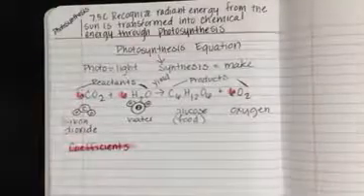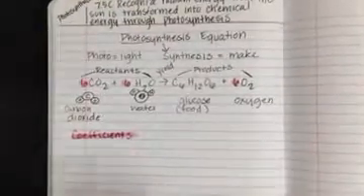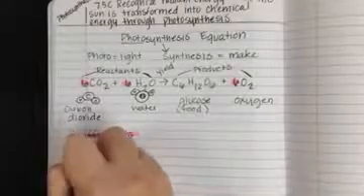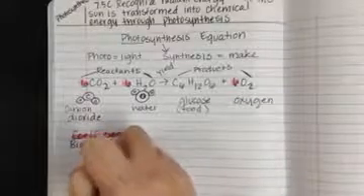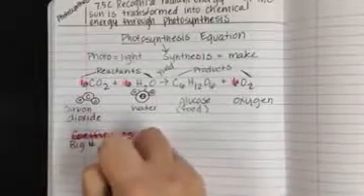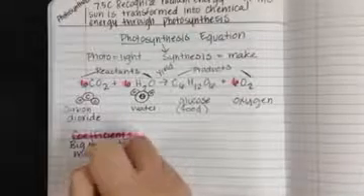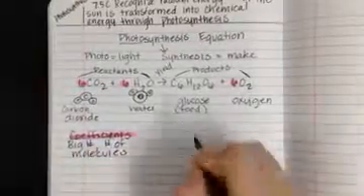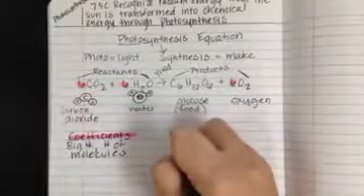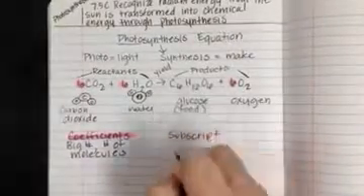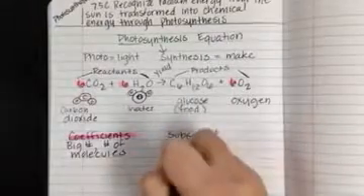Oop, that really smeared it. Okay, so coefficients are the big numbers that tell us the number of molecules. The subscripts are the little numbers.